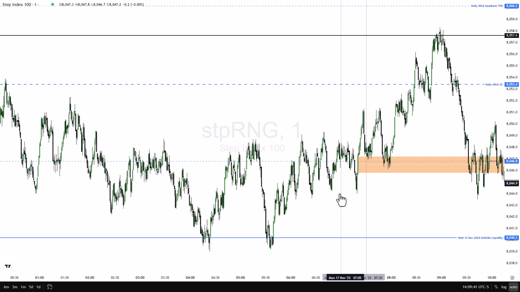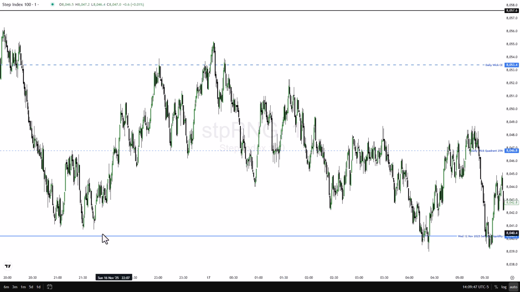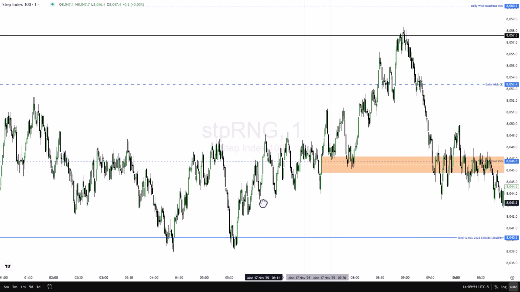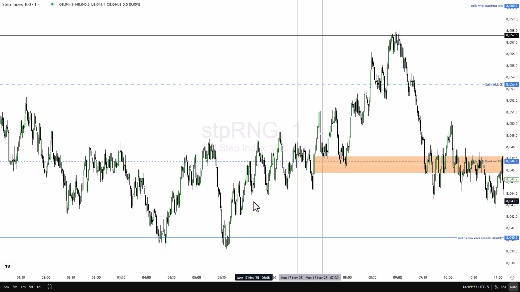All right, what have we left down here at the daily wick low? We have left sell side liquidity. But for our model to work properly, price action needs to go in the opposing direction first. So what does it do? It goes up. Where? At the daily wick consequent encroachment.